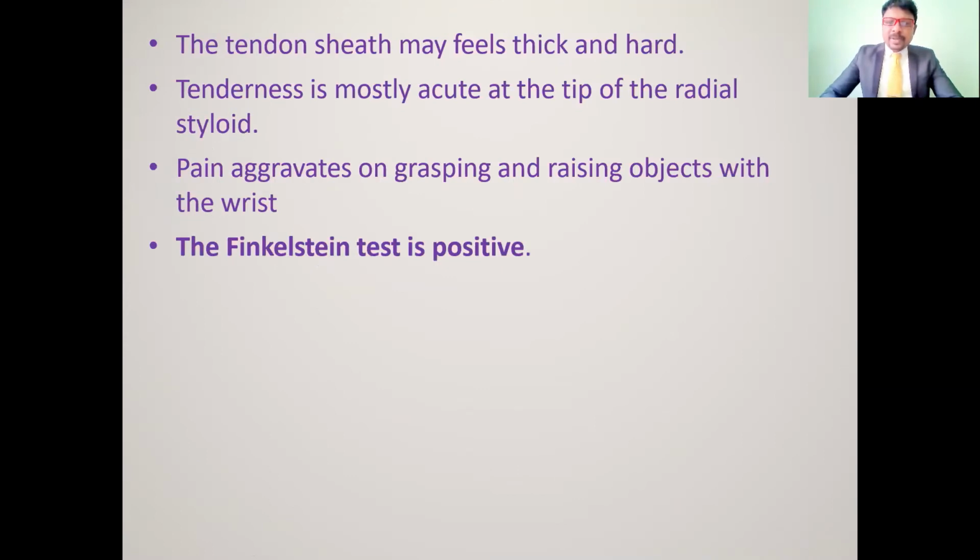The tendon sheath may feel thick and hard, and tenderness is most acute at the tip of the radial styloid process. If you palpate or press here, the person gets severe pain. Pain also aggravates on grasping and raising objects with the wrist.